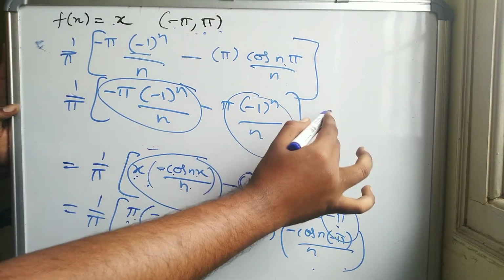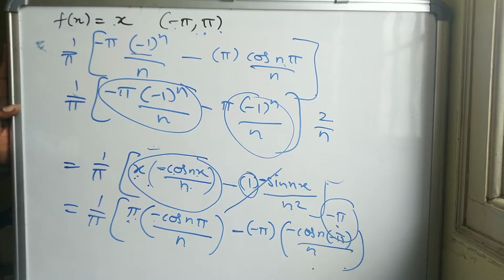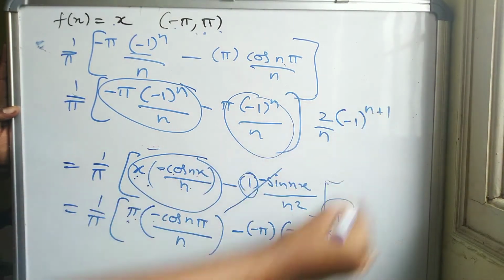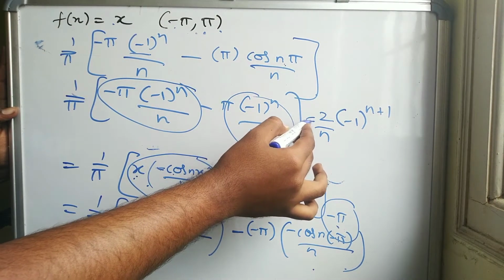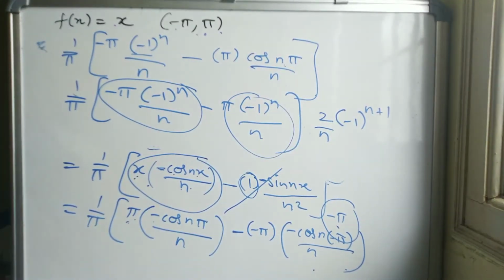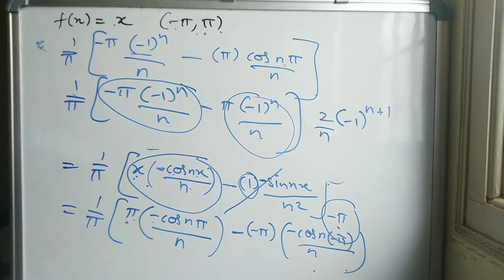We can write it as 2 by n, minus 1 raised to n plus 1. So how did we get this answer? 2 by n, minus 1 raised to n plus 1.